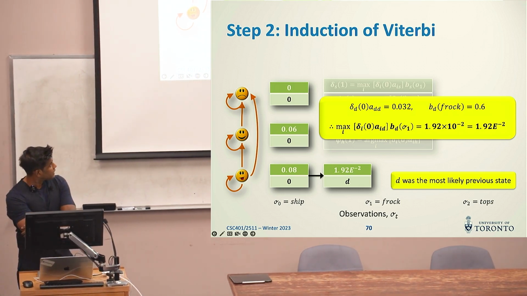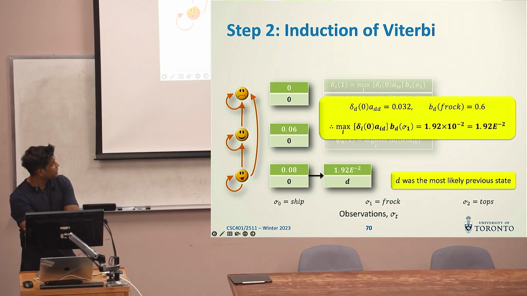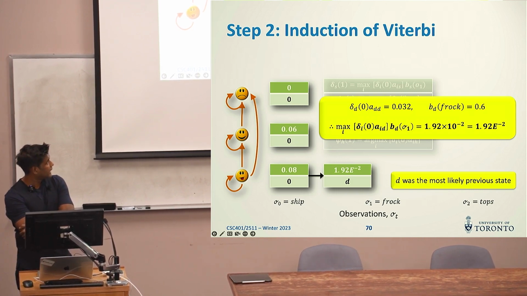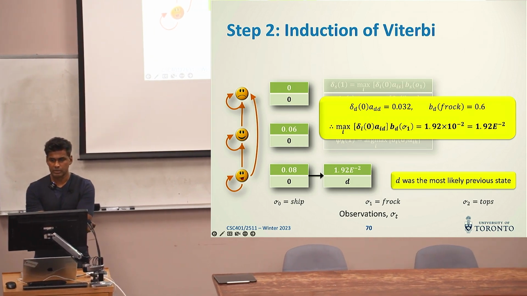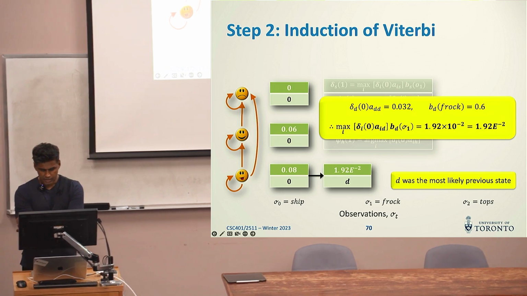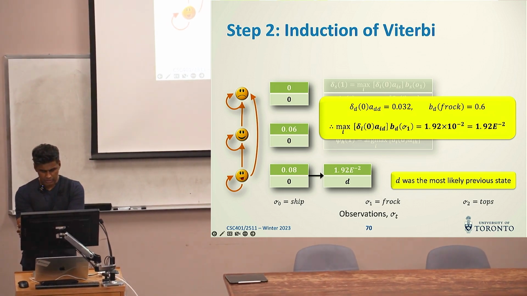This 1.92 comes from the multiplication of 0.032 with the emission probability of froc, and we stored that as our delta D1. And this is our backtrace label. So this should be crystal clear. And we continue.